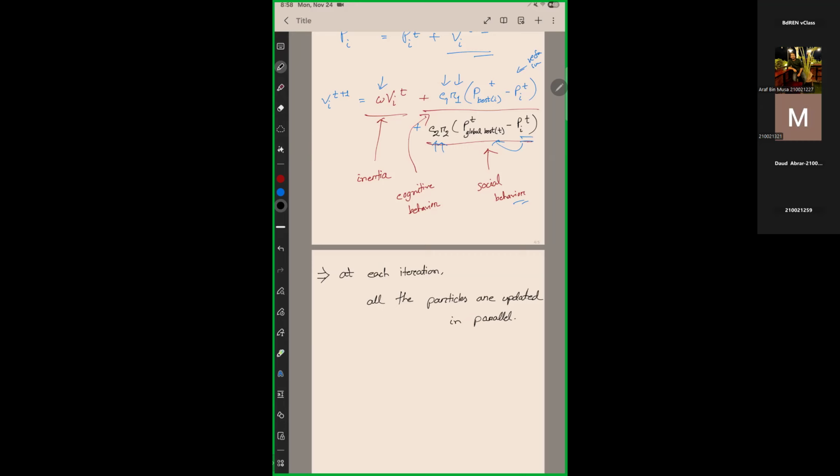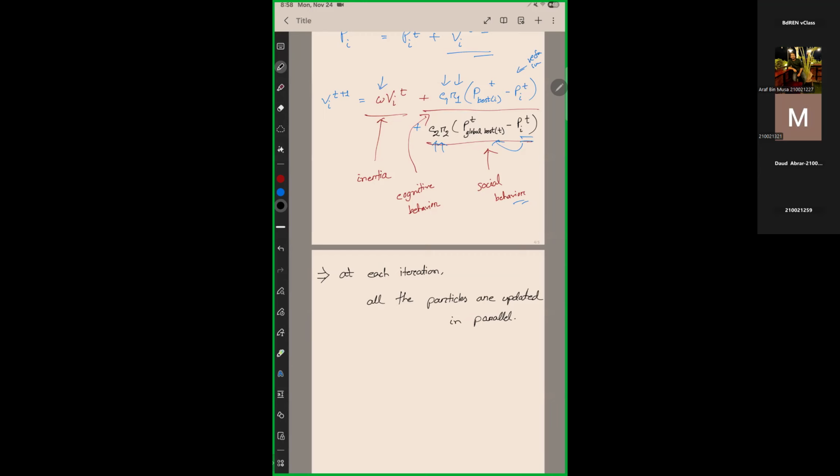That means it is not one after another. All the particles, from 1 second after, everyone will move to a certain area. So if you have 20 students searching for a solution, 1 second later they will be in different positions. All of them will move simultaneously. It's not chronologically one after another. They move simultaneously.